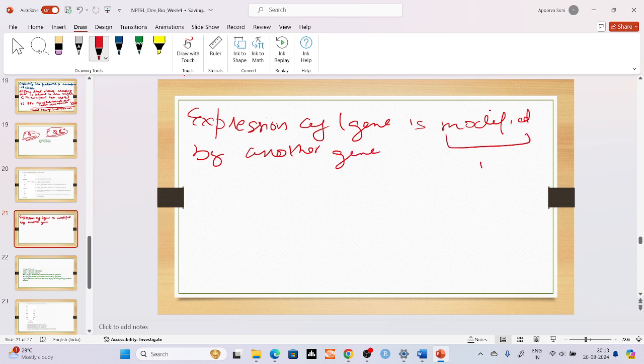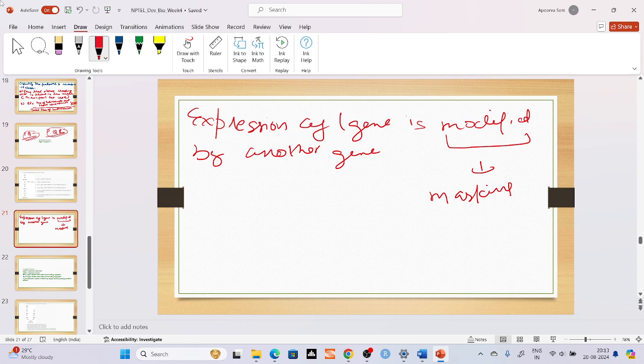Now, this modification can be a masking effect, that one gene is masking the expression of another gene, or an inhibiting effect or suppressing effect, anything it can be.